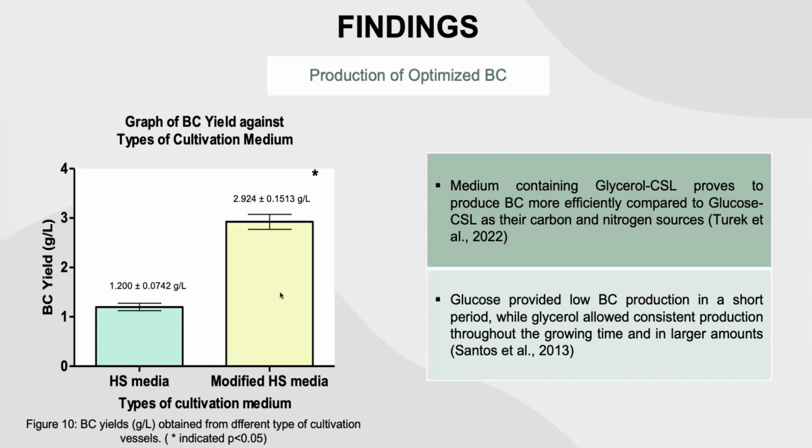However, in the modified HS media, we can see the BC yield is higher. The modified Hestrin-Schramm media contained glycerol and corn steep liquor, which proved to produce more BC compared to glucose and corn steep liquor as the carbon and nitrogen source. So we can conclude that glycerol can allow a consistent production throughout the growing time and in larger amounts of BC.